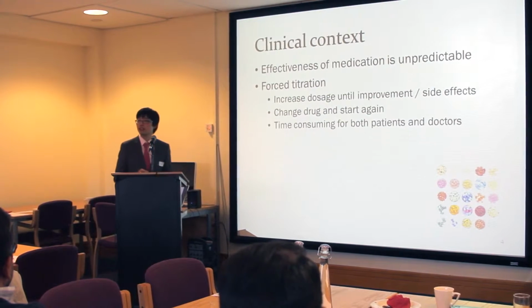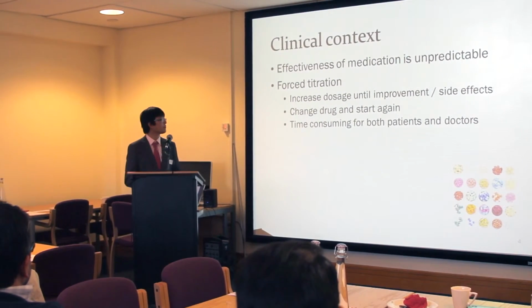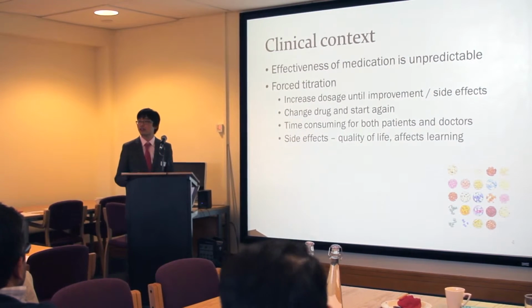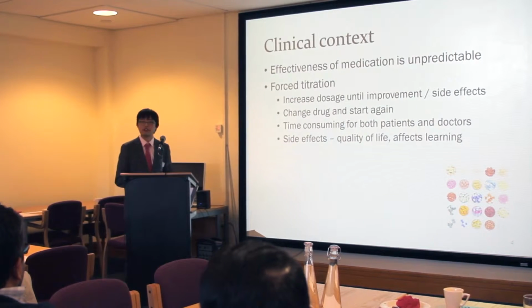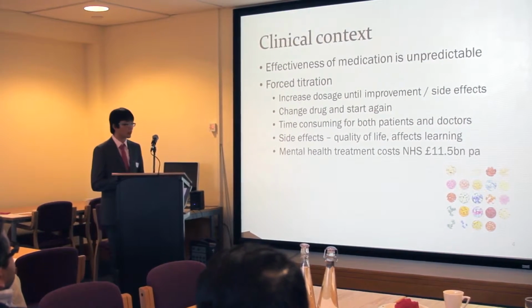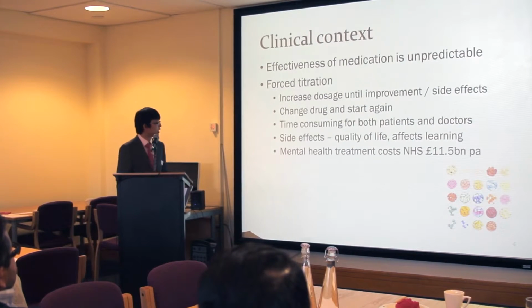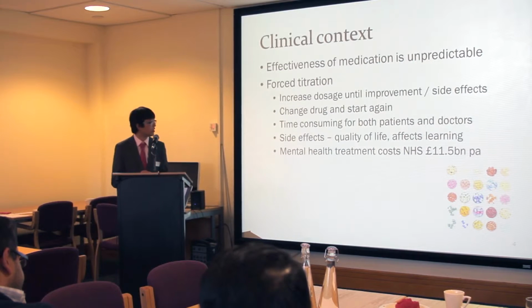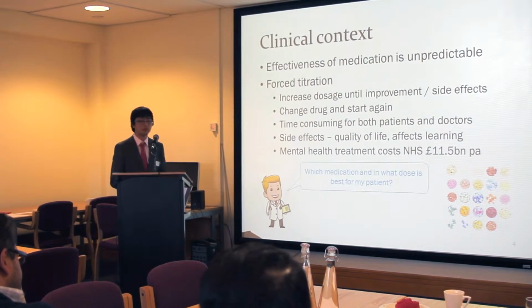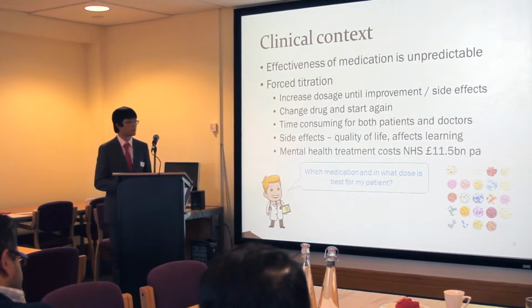As you can imagine, this process can be quite time-consuming for both patient and doctors. And the side effects obviously affect the quality of life, and we're talking about children, so they affect their learning as well. Mental health treatment by far costs the largest proportion of spend of the NHS at 11 billion per annum. So the doctors are interested in this question: which medication and in what dose is best for the patient?